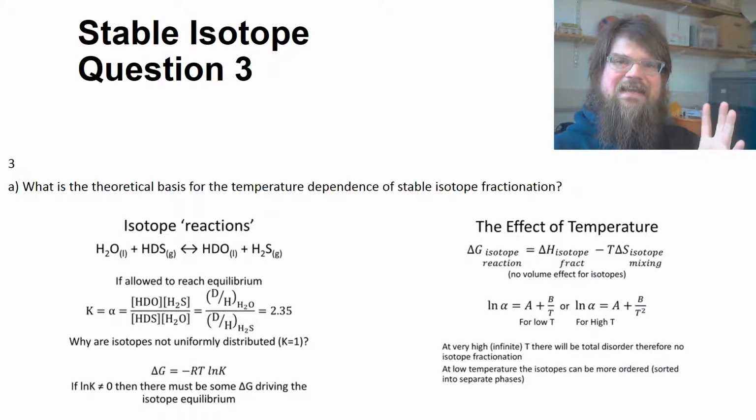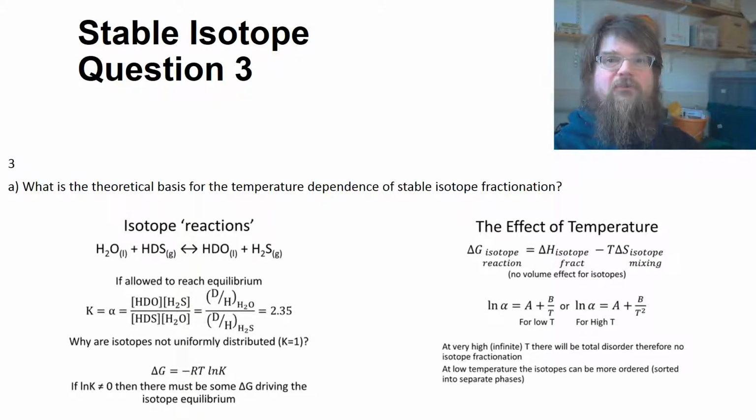This leads into why there is a temperature dependence, because it's the balance between these 2 thermodynamic drivers: some preference of the isotopes to be in one phase or the other, and a temperature influence on the entropy. So we could give more details in our answer if we go into why there is any isotope fractionation at all, and then why it is temperature dependent.